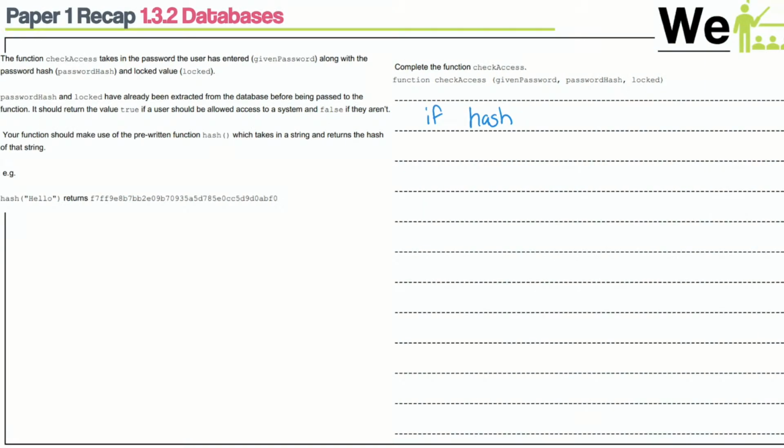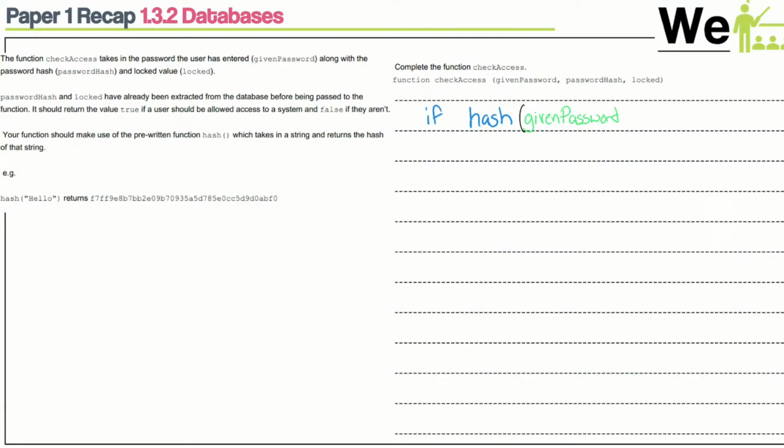I don't have to make it that big. There we go. If the hash of, what are we going to pass to this? Yeah, exactly. If the hash of the given password, so if this is, I don't know, CLF rules.